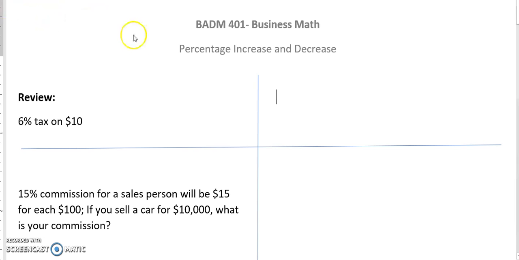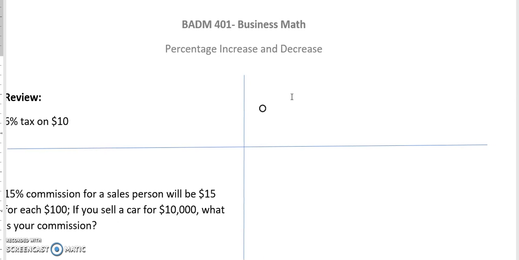So let's first look at what is a 6% tax on $10. I've got my stylus now, so I can look at what is 6% on $10.